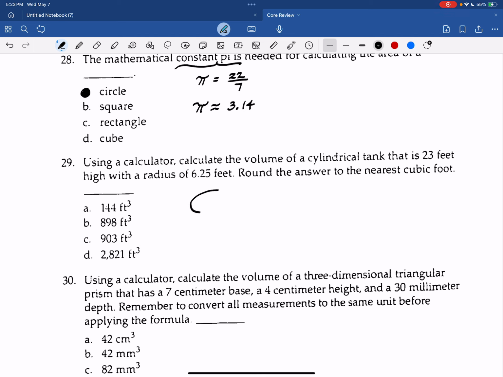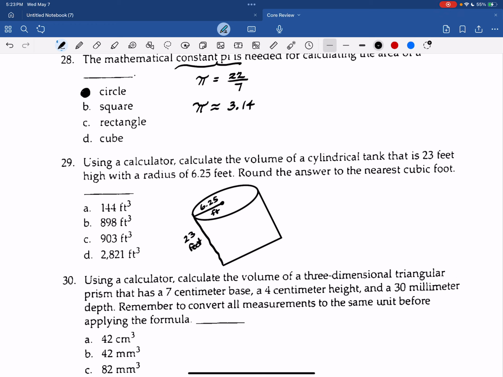And I'm going to draw myself a cylinder, or try to. A cylinder has a circular top and a rectangular bottom, something like that. So it says that the radius of this cylinder is 6.25 feet and the height is 23 feet.